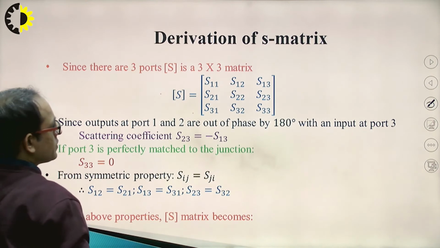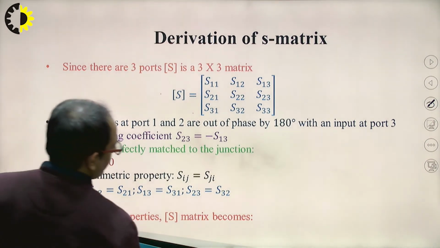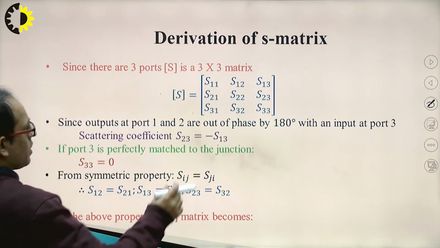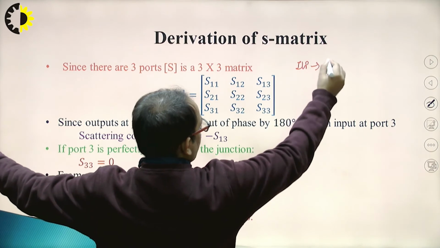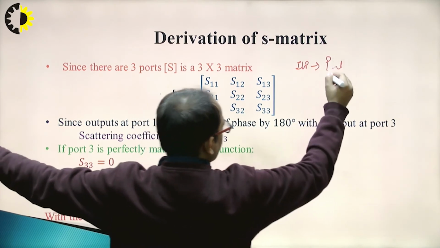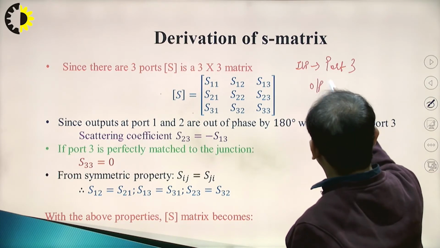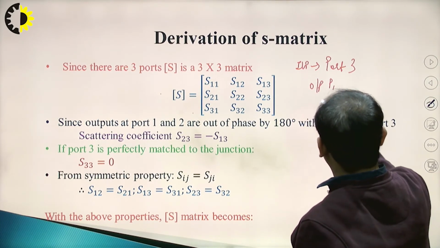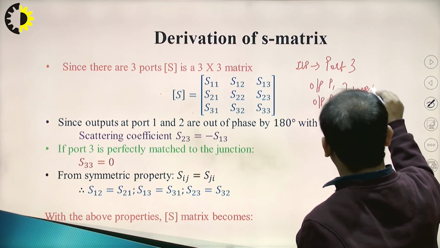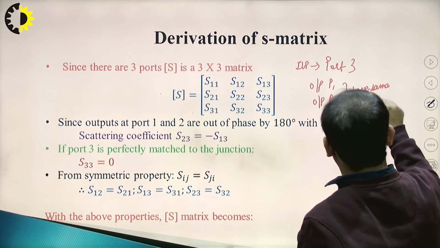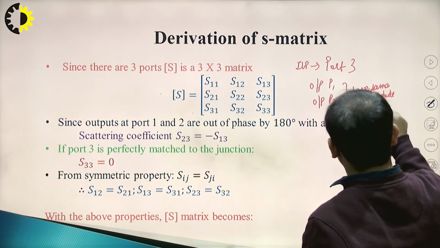Now for the S matrix, since there are 3 ports, S is a 3 cross 3 matrix, that is this one. Now I have already told you that if the input is at port number 3, the outputs at port number 1 and port number 2 have the same amplitude but opposite phase.